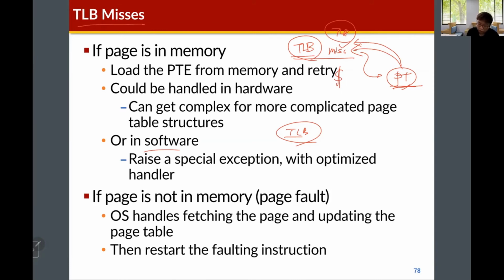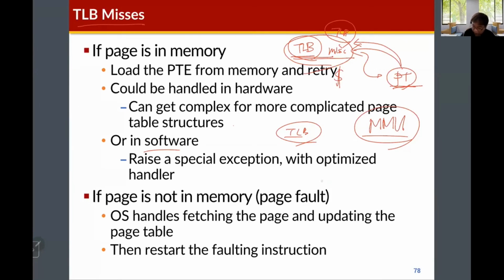Or this TLB miss can be handled by hardware, okay? Actually every processor has a memory management unit, called the MMU, and usually these TLB misses are handled by this MMU, the memory management unit, okay?